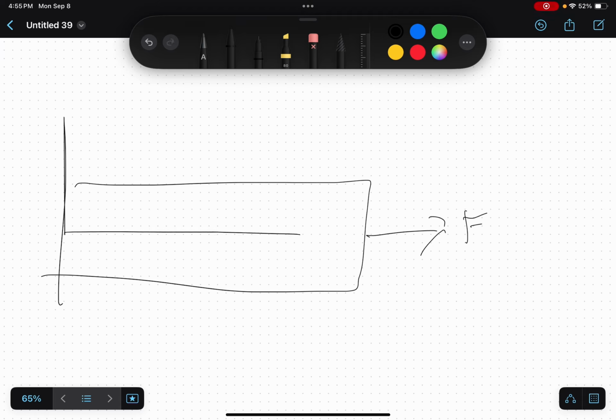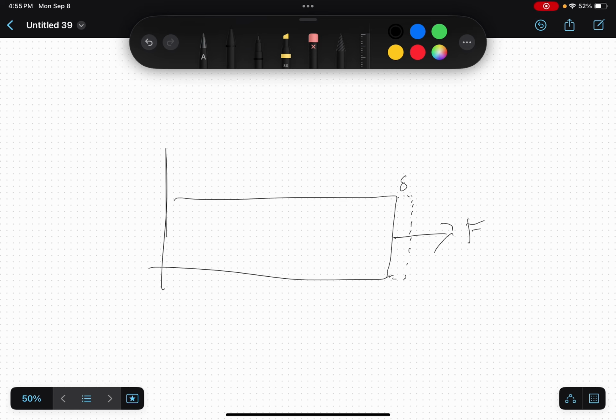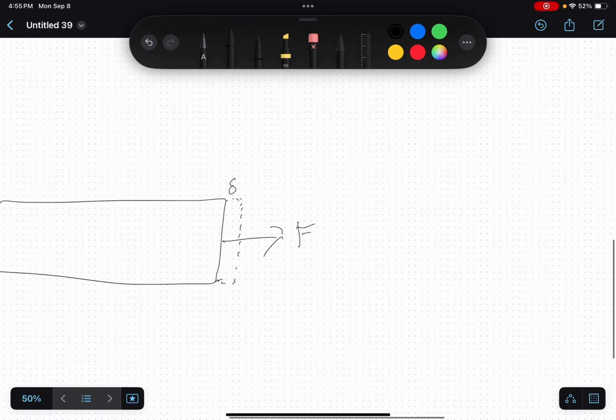It would expand by a little tiny bit, and we're gonna call that distance delta. So what is the equation for how much something will expand if you pull on it? It is FL over AE.